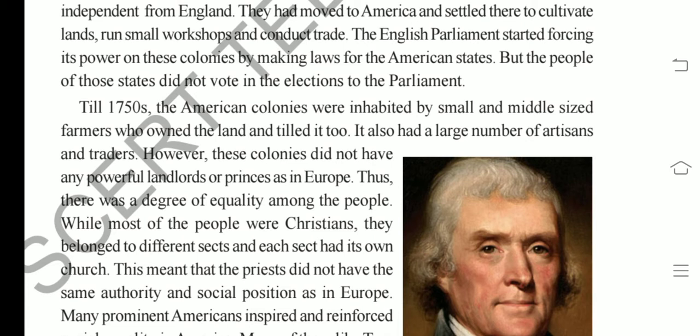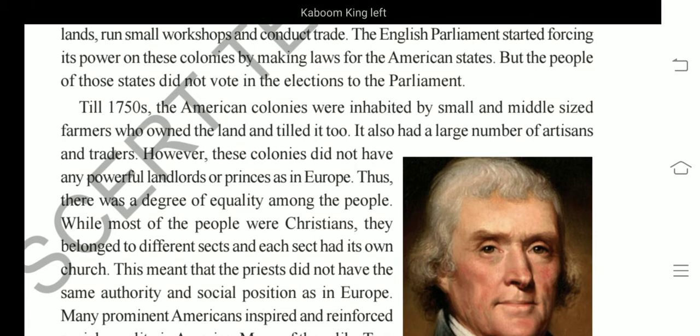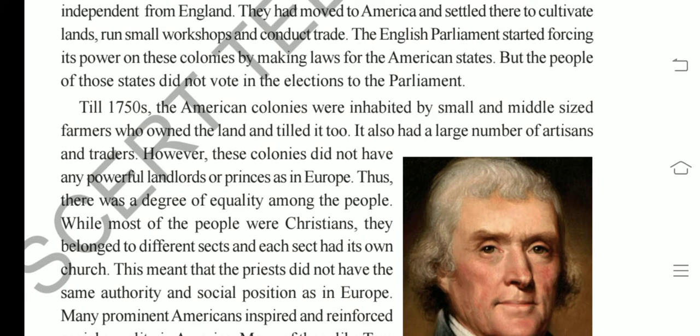Most of the people were Christians, and they belonged to different sections, and each section in the 13 colonies of America had its own church. Whereas on the European continent, all the countries followed only one church, that is the Roman Catholic Church.